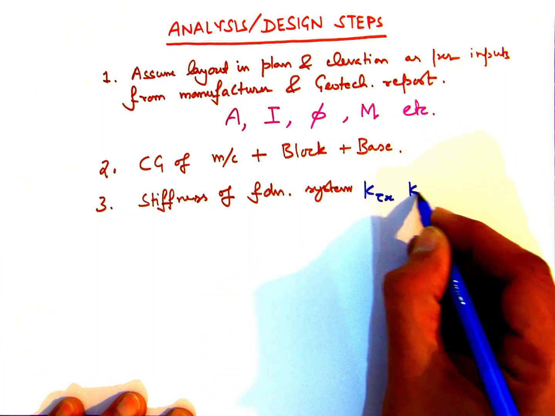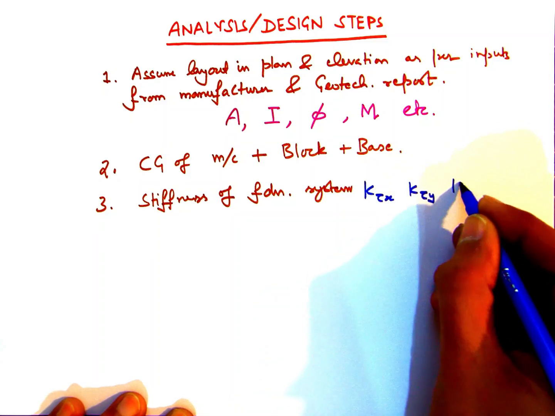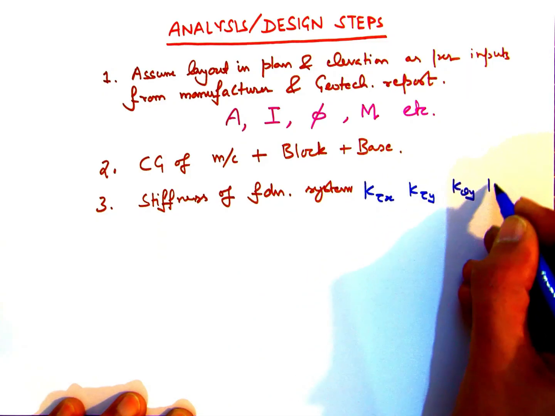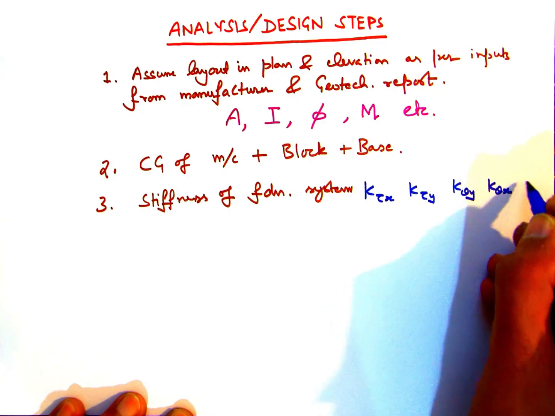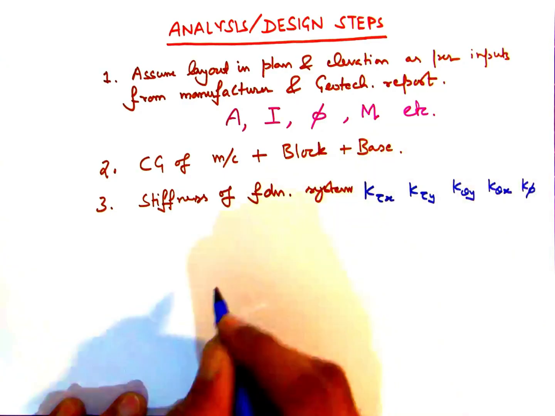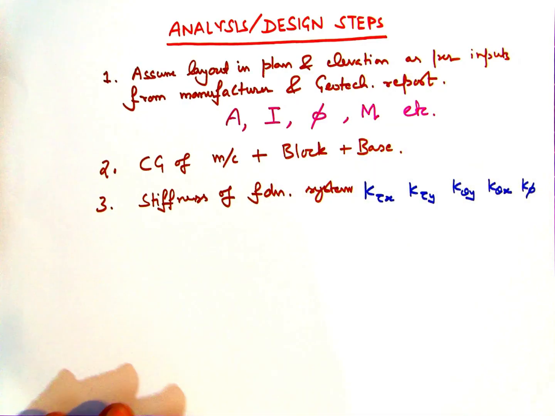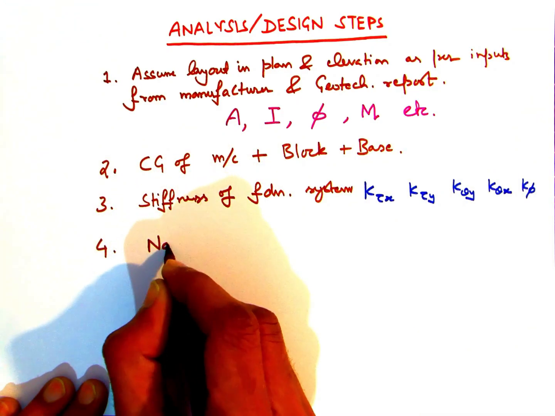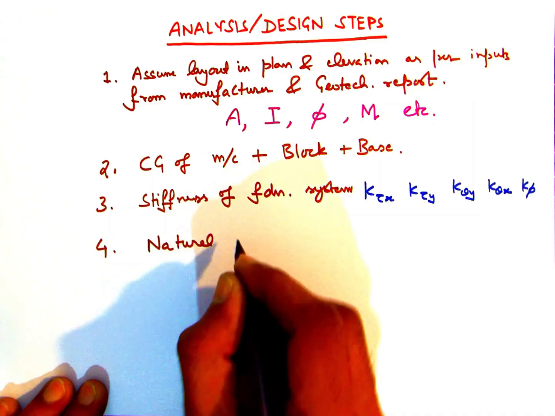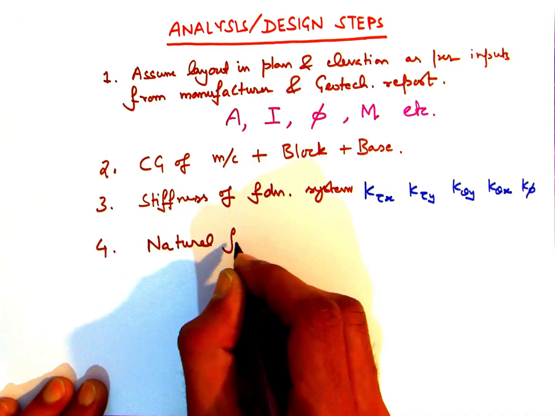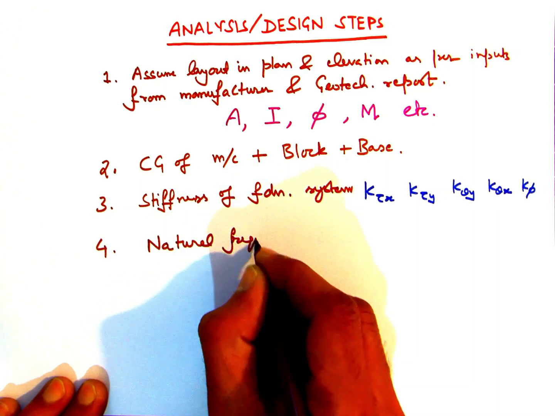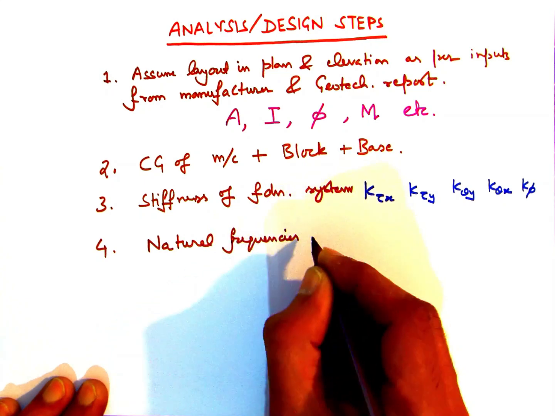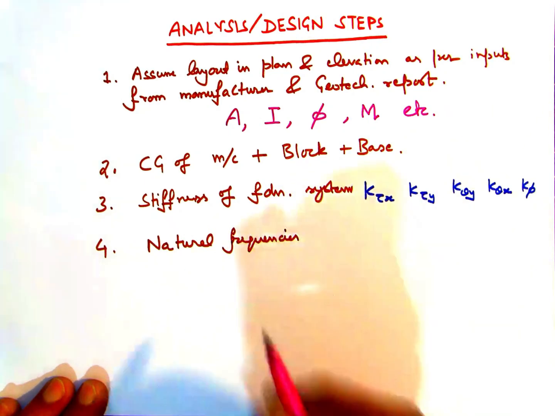Then we should find out the stiffnesses associated with the foundation system for various types of vibrations, the vertical vibrations, the horizontal vibrations, the rotation, etc. Then we find out the natural frequency of vibrations.